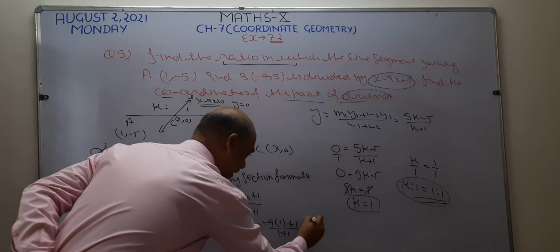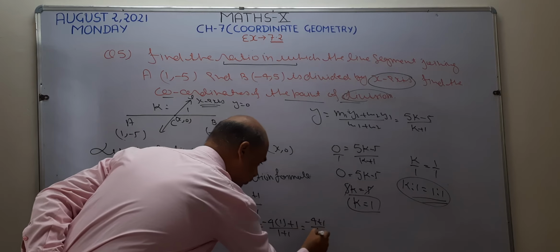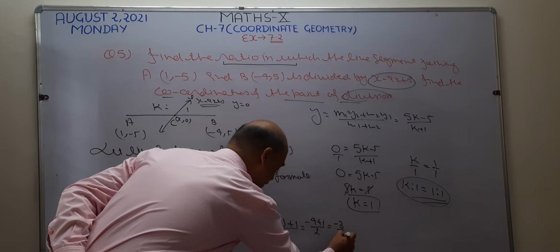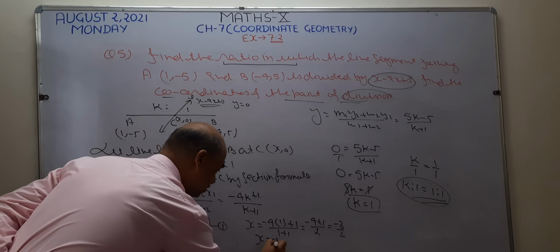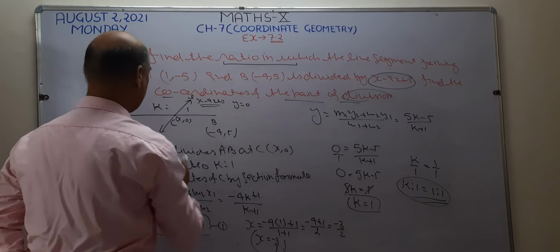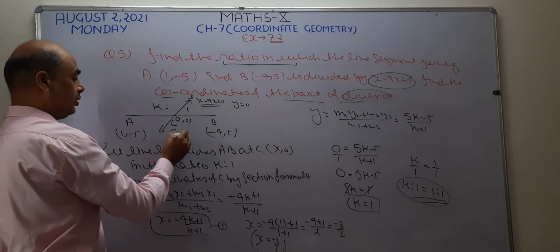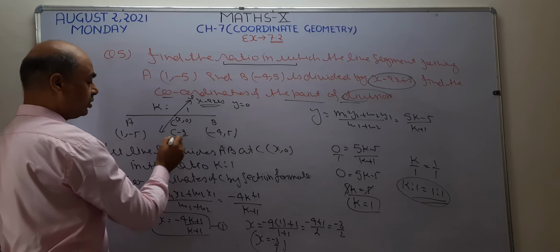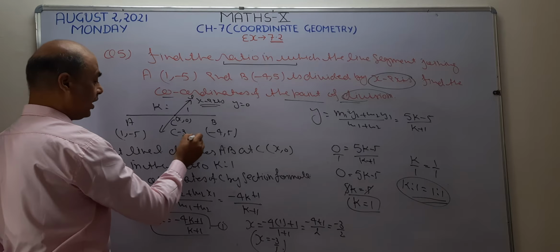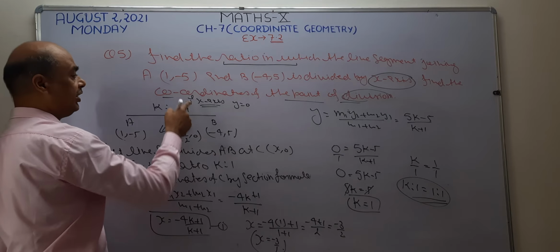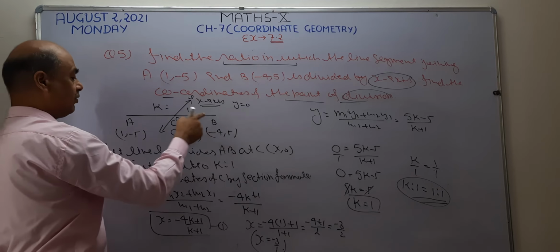So this becomes minus 4 plus 1 upon 1 plus 1, which is 2. So this becomes minus 3 by 2. The coordinate x becomes minus 3 by 2. So the coordinates of the point C are minus 3 by 2 and 0. These are the coordinates of the point which divides the given line segment.